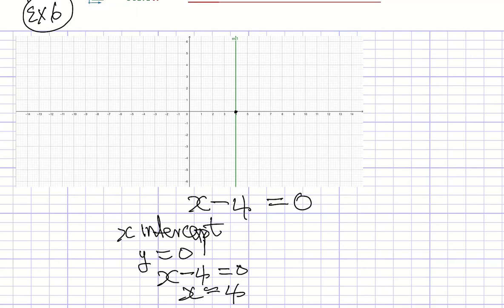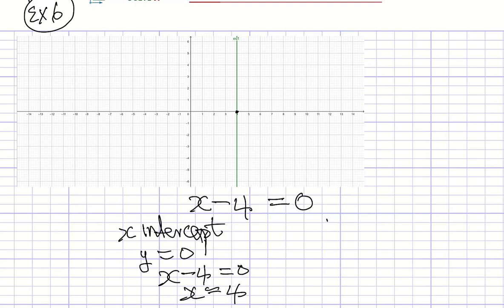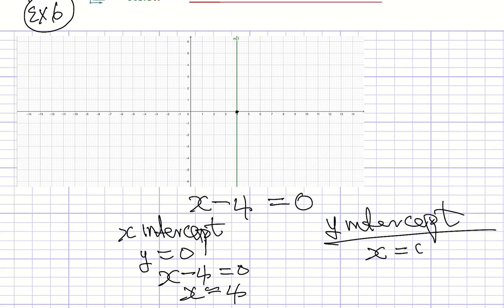Now, let's do the same thing with y. Y-intercept. So you set x equal to 0, right? If you set x equal to 0, what do you have? You have 0 minus 4 equals 0. When you simplify the left side, you get minus 4. It's not equal to 0. So that cannot happen.